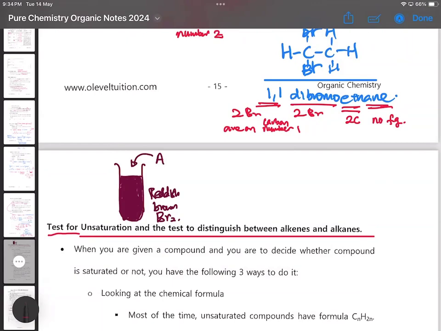Okay, there are 2 results possible. Number 1, this is what we call reddish brown bromine remains unchanged.